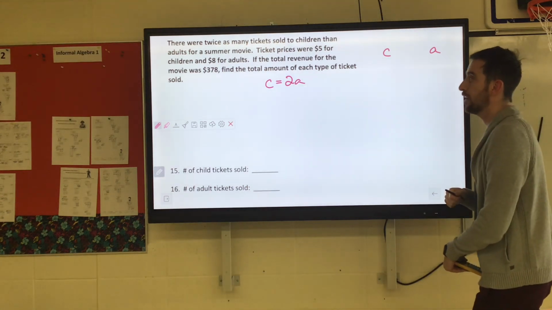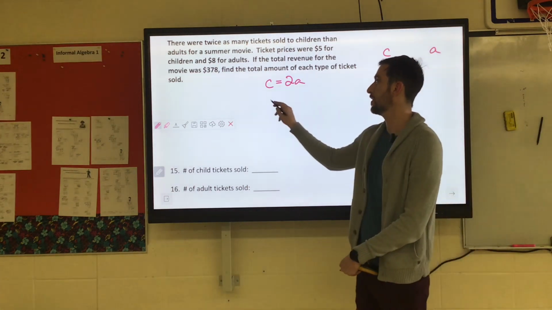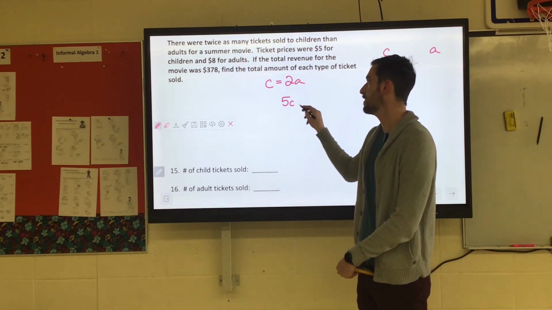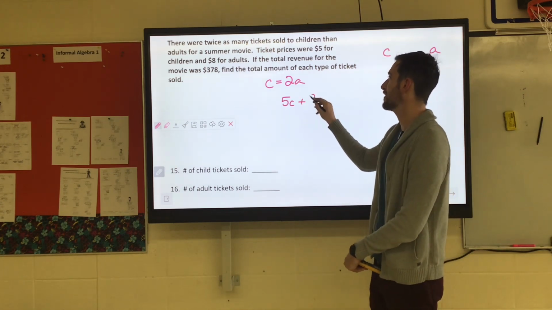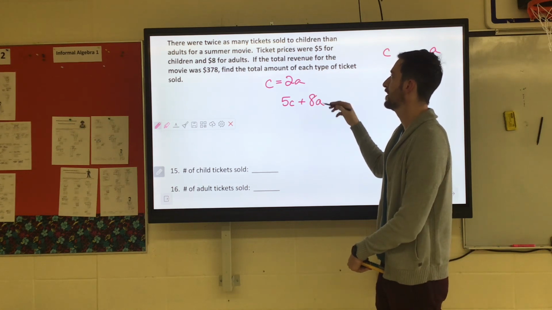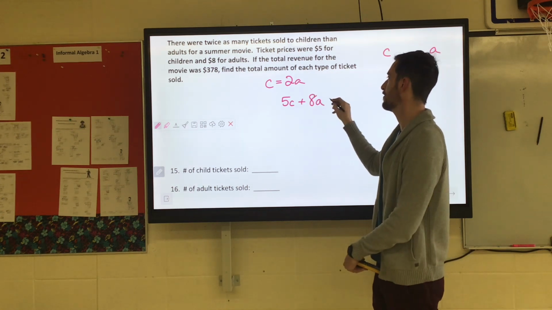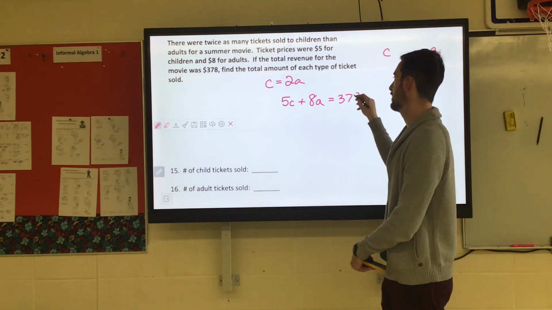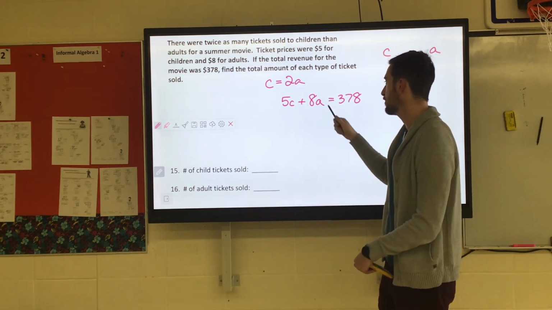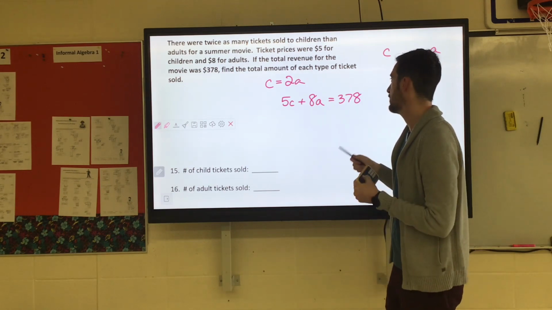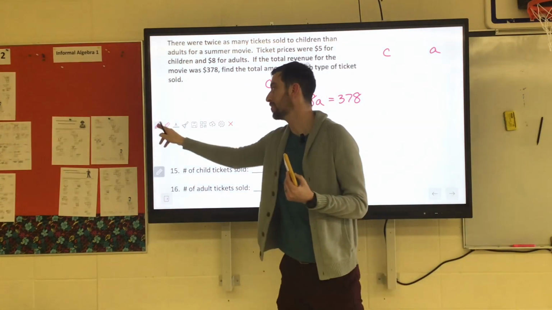Now we're given the value. Ticket prices were $5 for children, so we could say 5C, plus $8 for adults, 8 times the adults. The total revenue was $378. So if we're getting $5 per kid ticket plus $8 per adult ticket, it comes out to $378. Now we're going to use substitution.